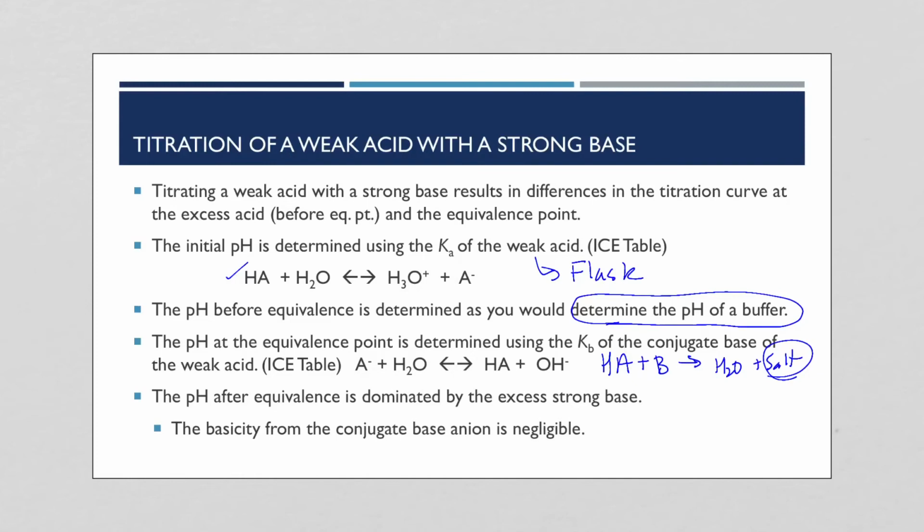Depending on which of those ions affects the pH will determine what's going on. But what we see is that, in this case, because it's the weak acid, the only thing that will affect the pH is going to be the conjugate base of the weak acid, because the conjugate acid of our base is from a strong base, so that's not going to affect the pH.